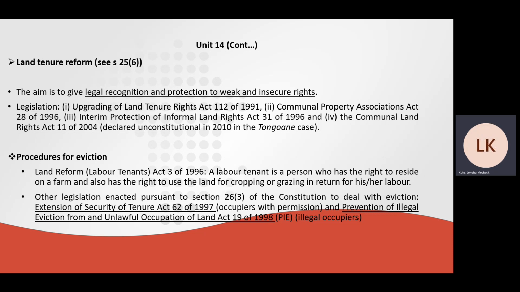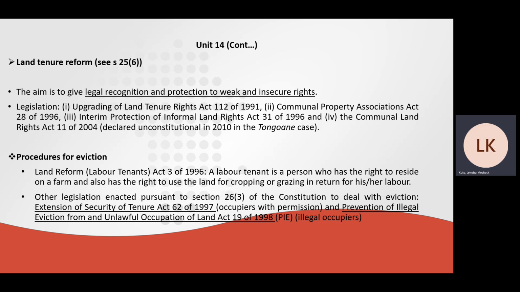So there are several pieces of legislation that have been passed to deal with issues of strengthening as well as recognizing insecure rights. So we have the Upgrading of Land Tenure Rights Act of 1991. Then you have the Communal Property Associations Act. This act is dealing with communal property, on how communities can form an entity and be able to acquire, hold, and manage property as a group.